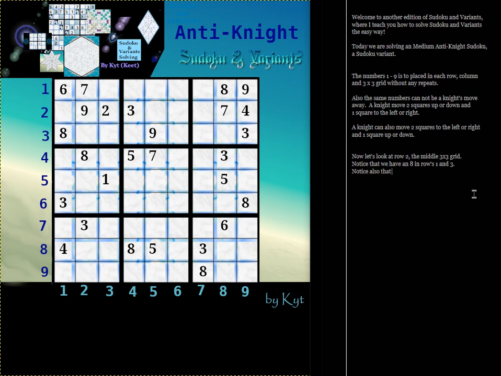Notice also that row 2 needs an 8. There are only 2 squares that initially can take that 8 if we were to ignore the anti-knight rule.